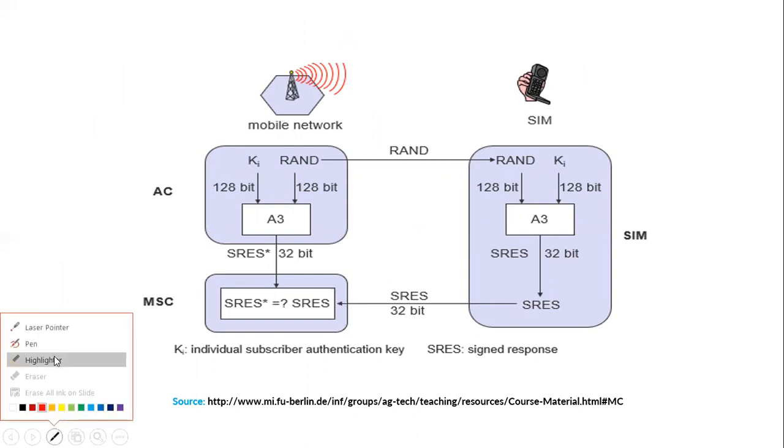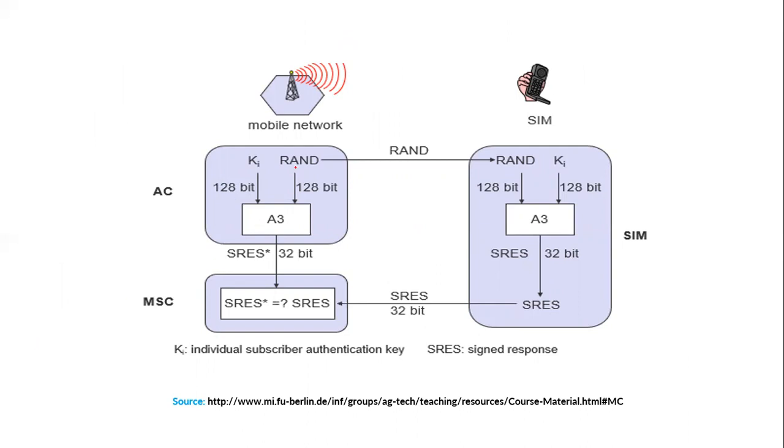Here we can see a random number is generated at the mobile network end, and it is shared with the SIM or the mobile user. Okay, so using this random number, and Ki, which is already available in the SIM. Ki is the authentication key.